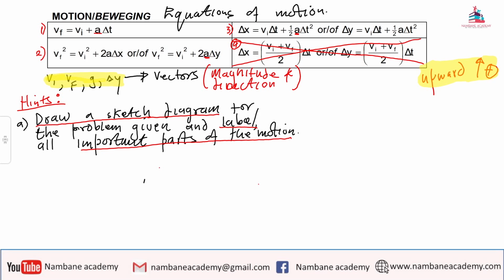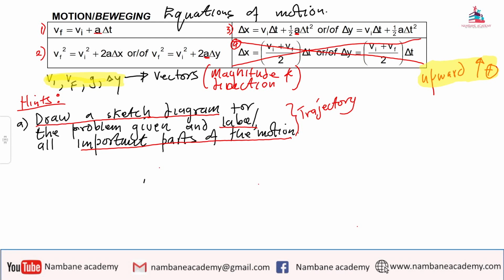This sketch we usually call the trajectory of the projectile. If you can draw this trajectory, believe you me, you will understand exactly where the questions are going to come from. From the sketch, you can easily foresee the questions that the examiner is going to ask.